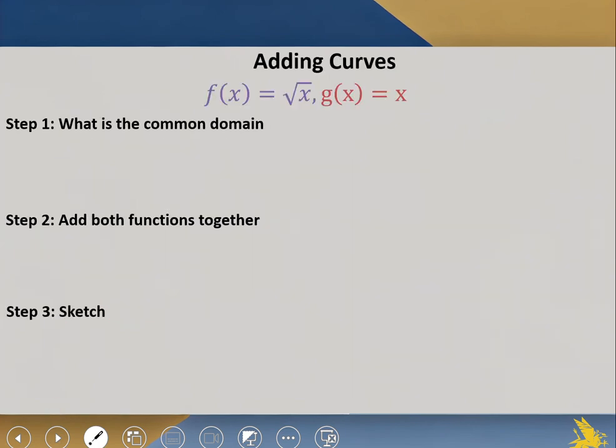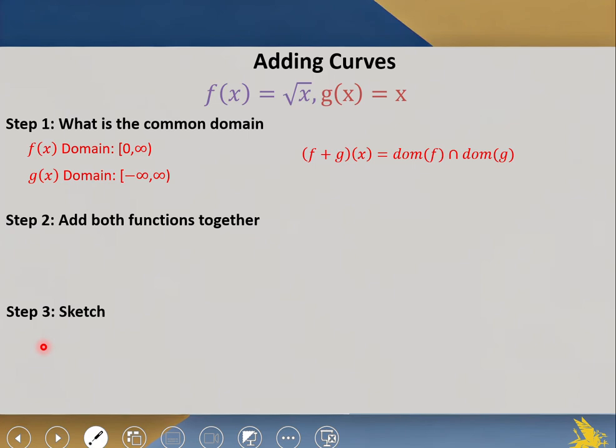Okay, so let's look at adding terms. When we're adding terms, the first thing we need to be doing is thinking about the common domain between square root x and g of x equals x. One of the things we know is one is a line and one is a square root function. So how do they look?